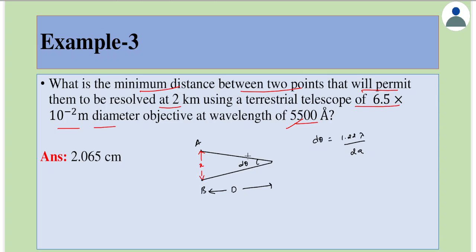So in this case 2a is 6.5 centimeter. That's the meaning of this. Putting it back here, d theta is equal to 1.22 into lambda, here 5.5 into 10 power minus 7, by 6.5 into 10 power minus 2 meter.